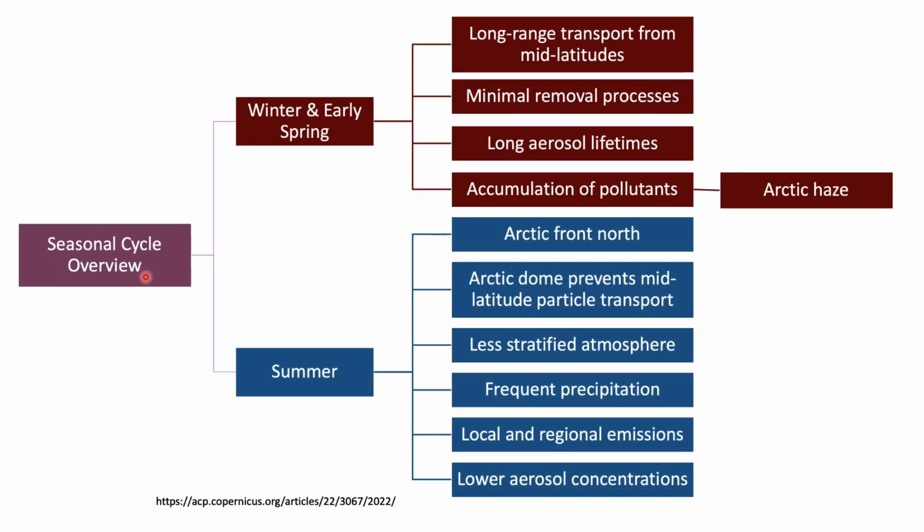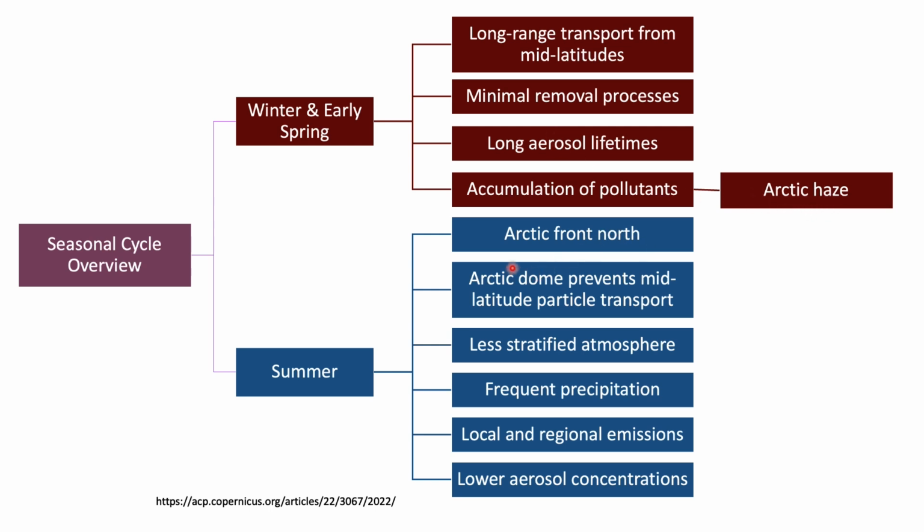So let us look at the different seasonal cycles. The seasonal cycle of aerosol in the Arctic shows an intricate pattern influenced by atmospheric transport. In the winter and the early spring, pollutants accumulate due to long-range transport from mid-latitudes, which creates Arctic haze.